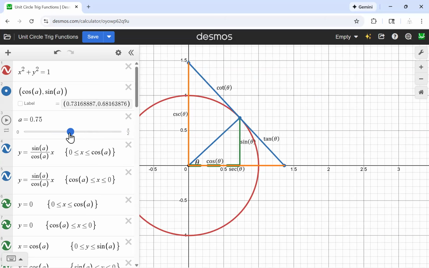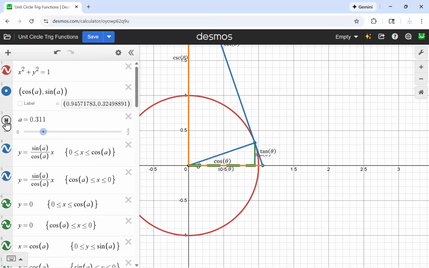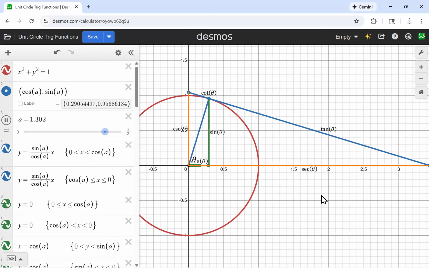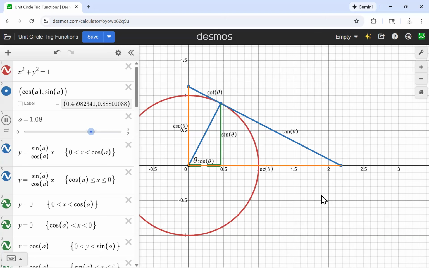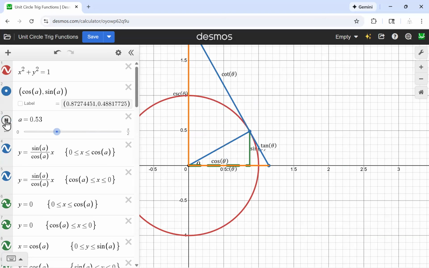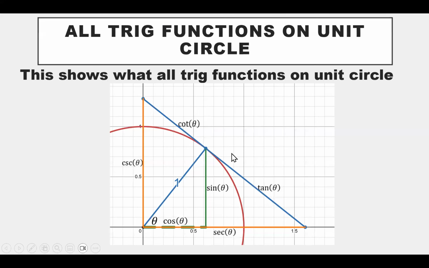So you can see how each of those functions change as we change the angle. So that's how we can visualize all 6 trig functions on the unit circle with this diagram.